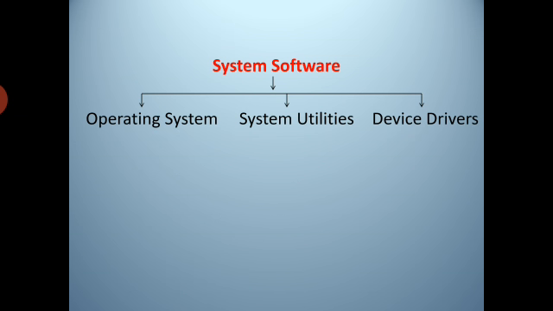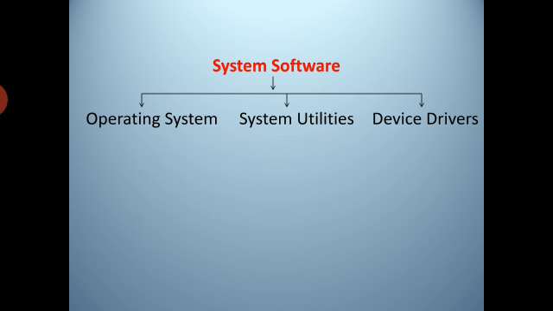Operating system. Now, what is operating system? It is a system software that operates the computer. An operating system is the most basic system software, without which other software cannot work. The operating system manages other application programs and provides access and security to the users of the system.